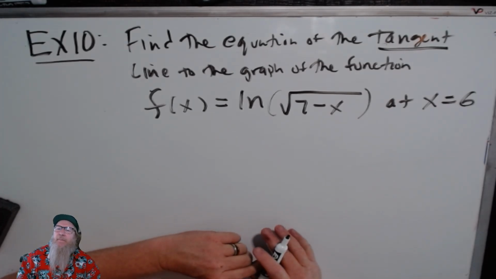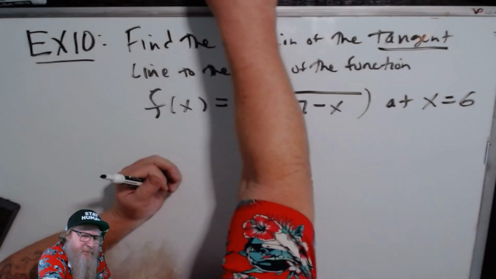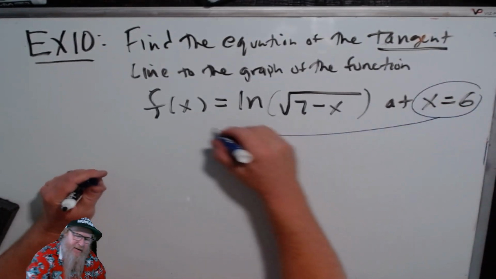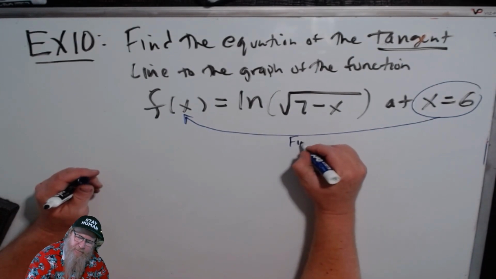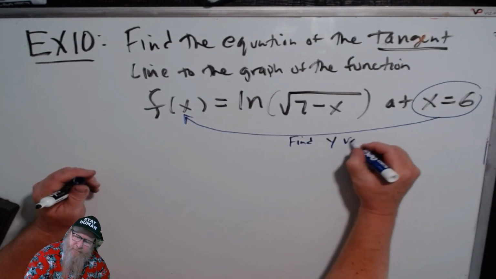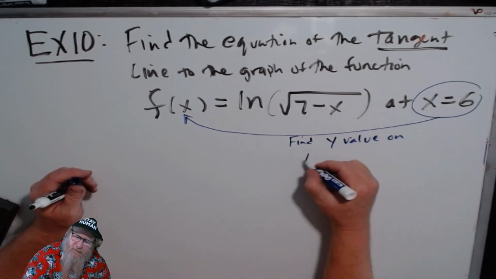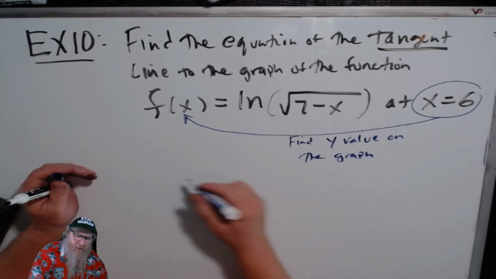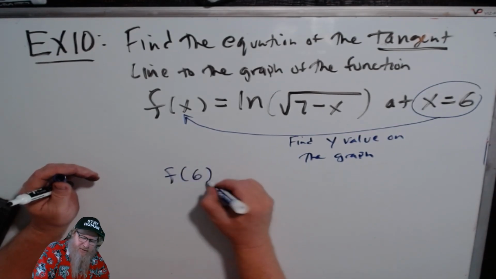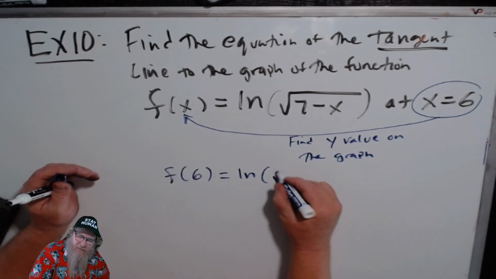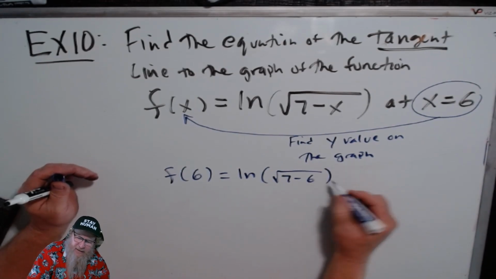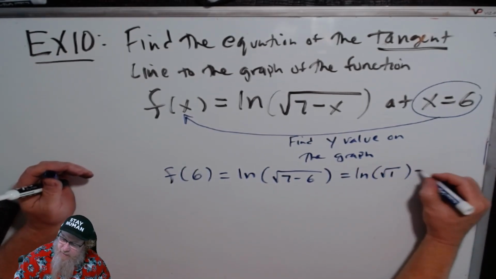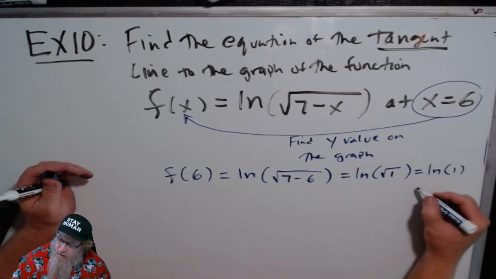Okay. The first thing I would do before I even do any calculus is plug this number in to find the y value. You're going to need it later, and we might as well just do it now. So f of 6 is ln of the square root of 7 minus 6, which is ln of the square root of 1, ln of 1.